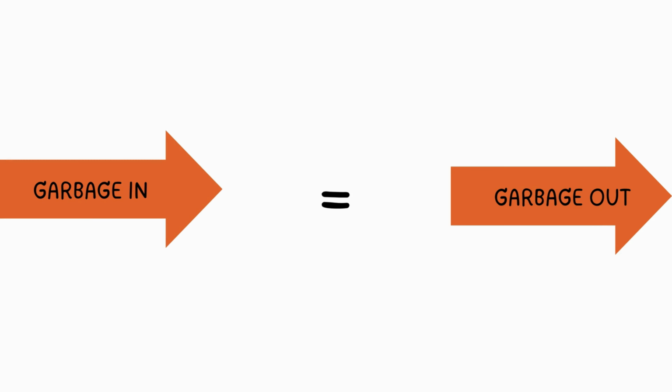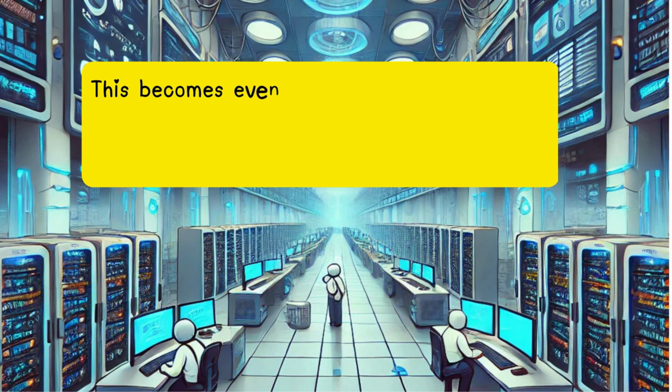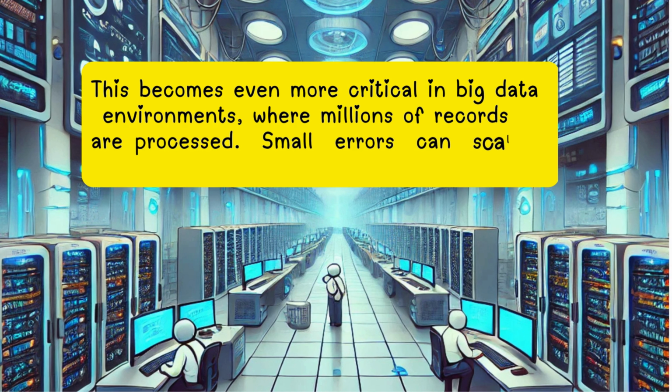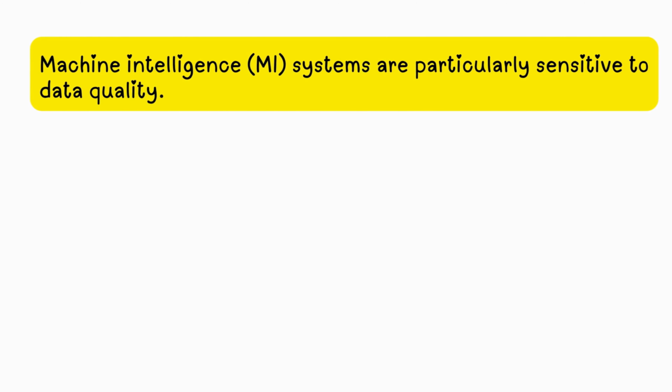So, we have the converse also, good things in, good things out. This becomes even more critical in big data environments where millions of records are processed continuously. In these types of systems, even small errors can scale into massive distortions, as perhaps you have heard about the butterfly effect. Machine intelligence systems are also very sensitive to data quality.